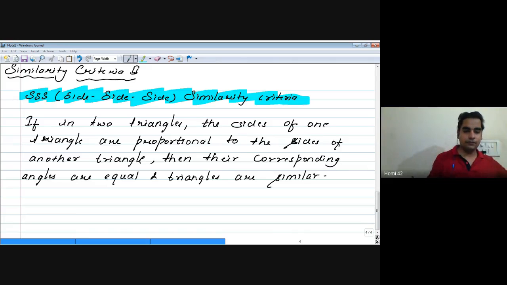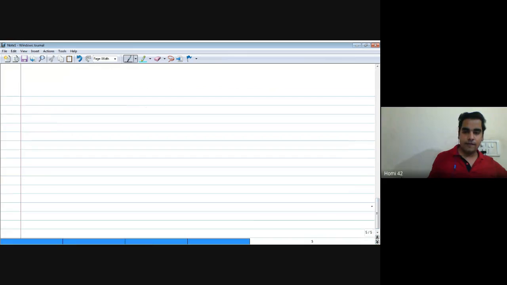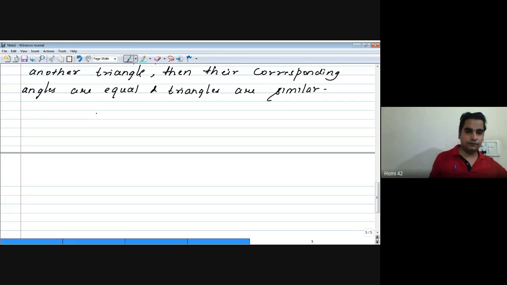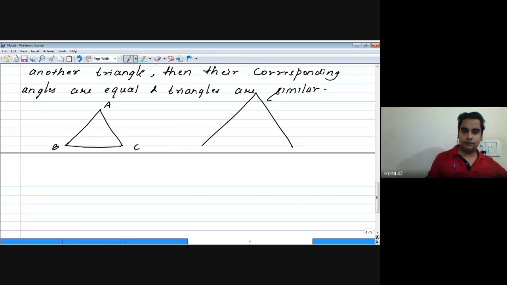Okay. So what is given here? We are provided two triangles. Suppose this is the first triangle, A, B, C. This is another triangle, D, E, F. Right?